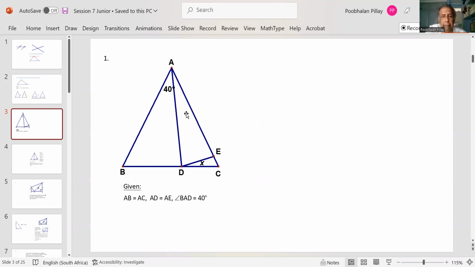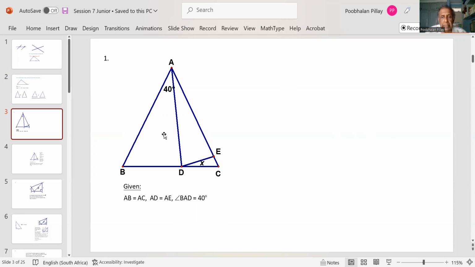You may have a diagram, and you may have some parallel lines shown there. You may show some equal sides, or some equal angles, and so on. So you are given certain pieces of information, and you're asked to prove something which you don't know. You have to show why such a statement is true.